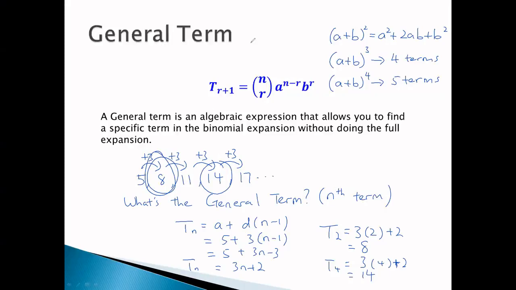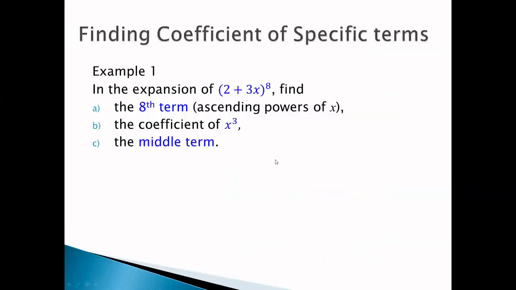So let's go to the first example. Example 1. In the expansion of 2 plus 3x to the power 8, find the 8th term in ascending power of x, the coefficient of x cubed, and the middle term. Okay, so let's start with, not even part A, let's start with the general term.